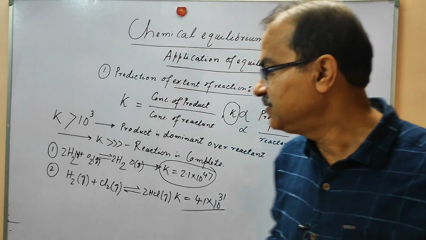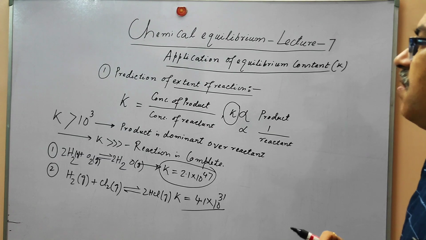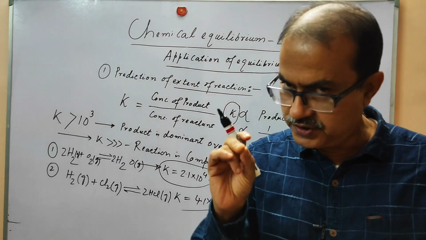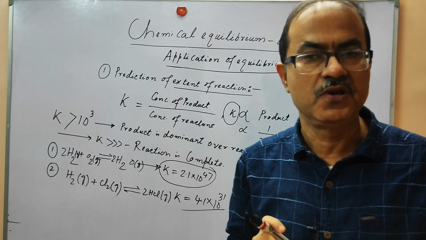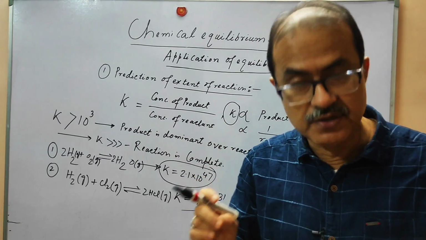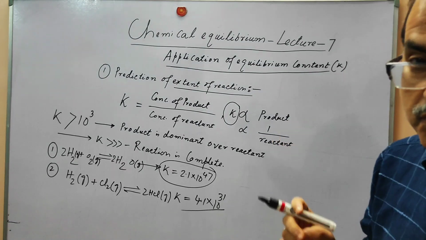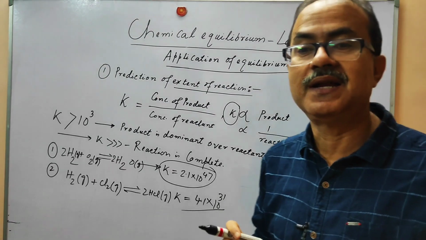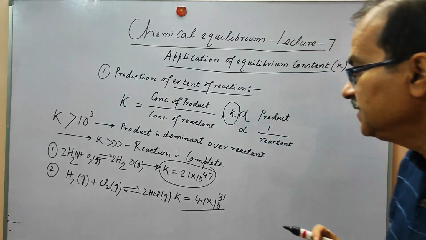So this is how we can understand what the K value says about the extent of the reaction. When the K value is high, there is a higher concentration of the product. If the K value is low, there will be a lower concentration of product at the time of equilibrium.